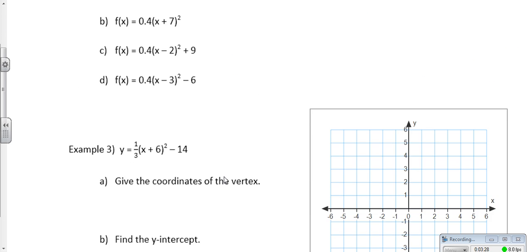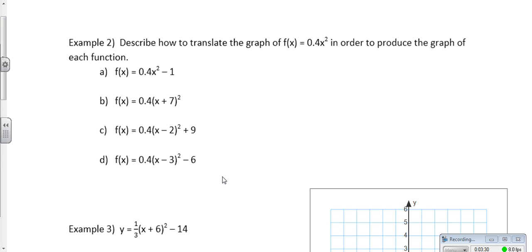Alright, so describe how to translate the graph of f of x equals 0.4 x squared in order to produce these graphs. So describe what's going to happen.